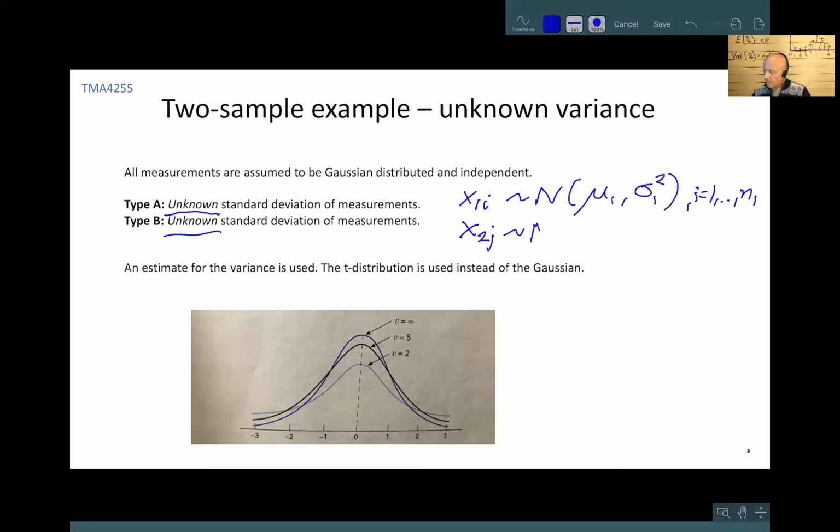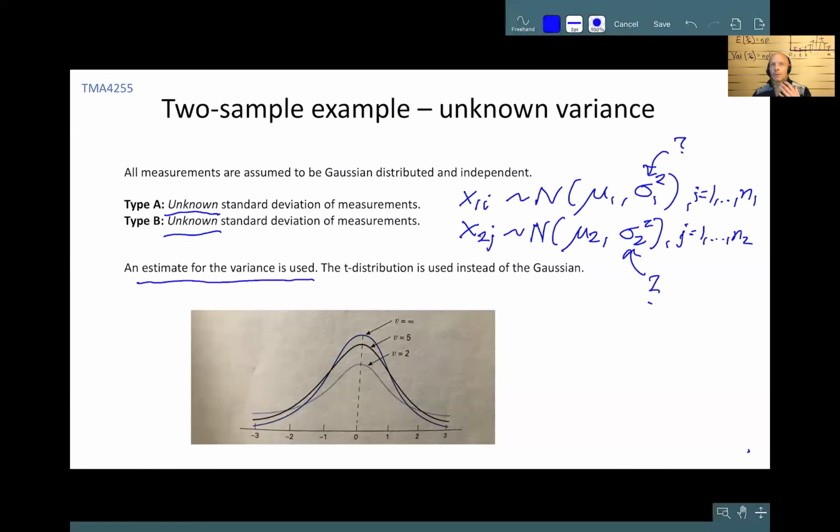And we have x2j, which is normal with mu2 and sigma 2 squared, for j from 1 up to n2. But now we don't know these standard deviations. They are not 6 and 8. And this means that we have to estimate them. We have to plug in an estimate for these variance parameters.